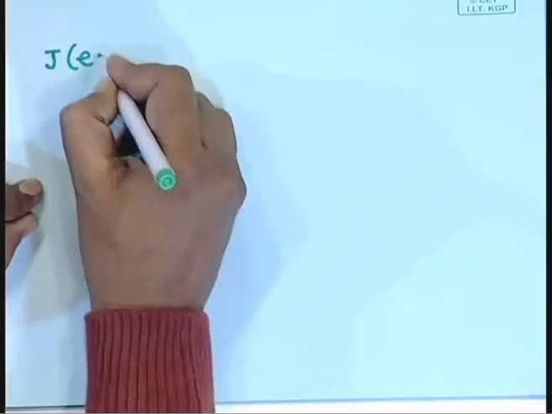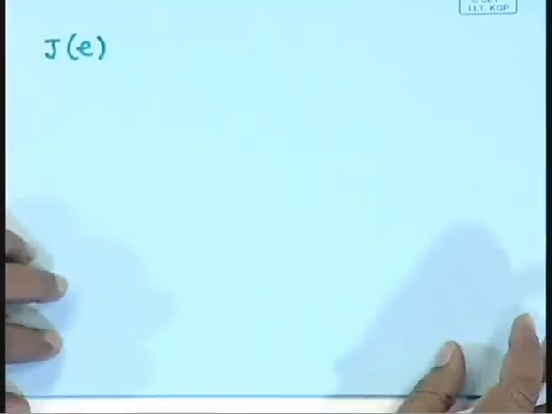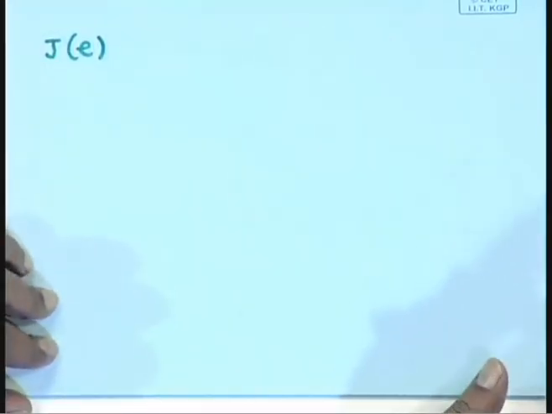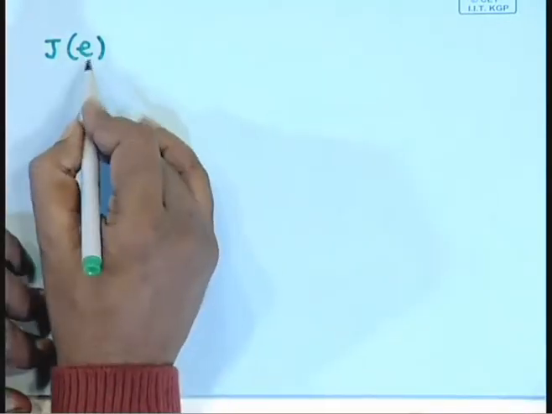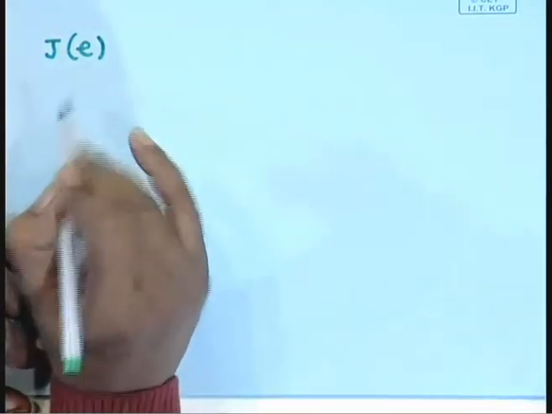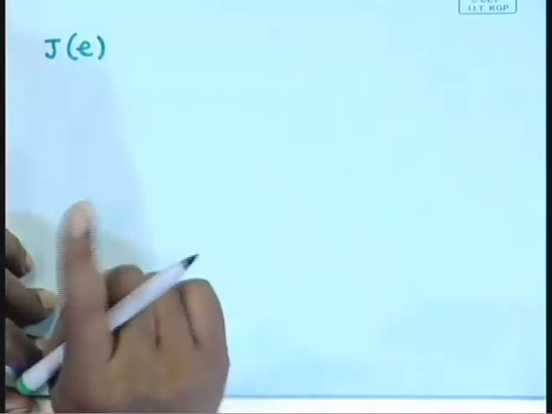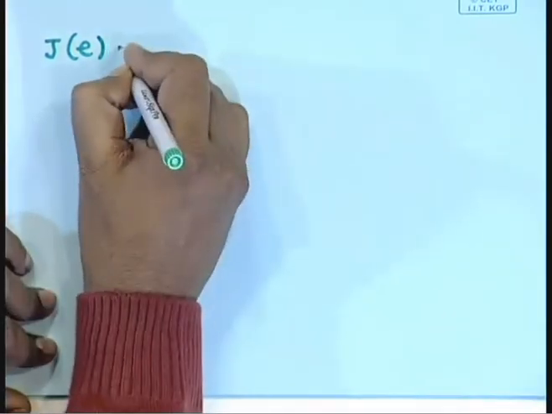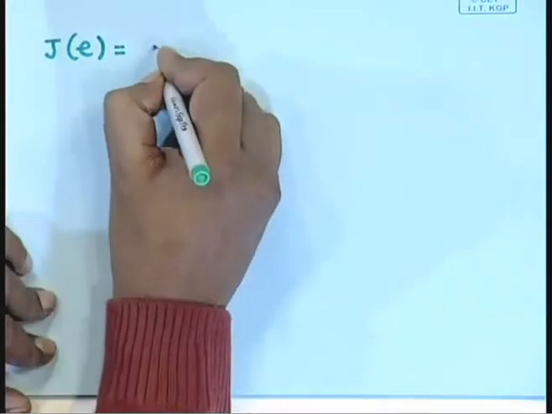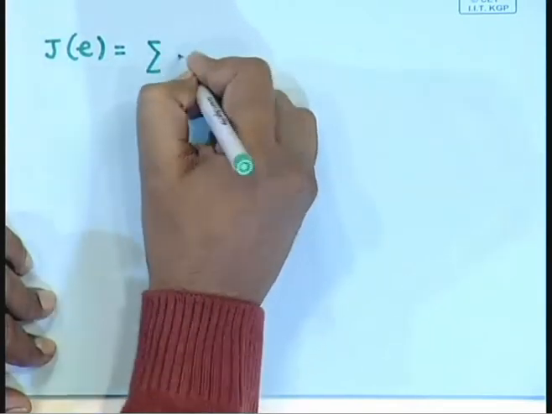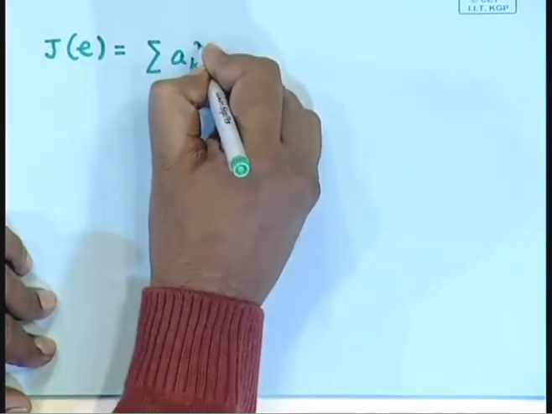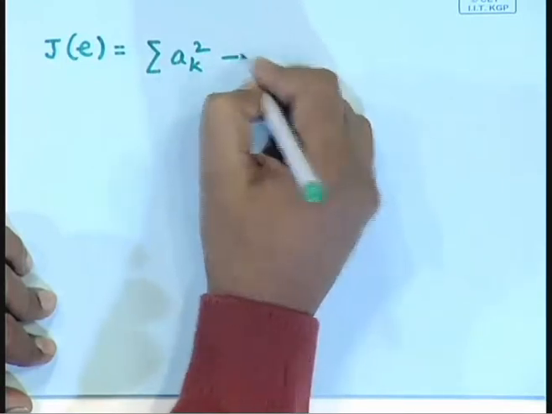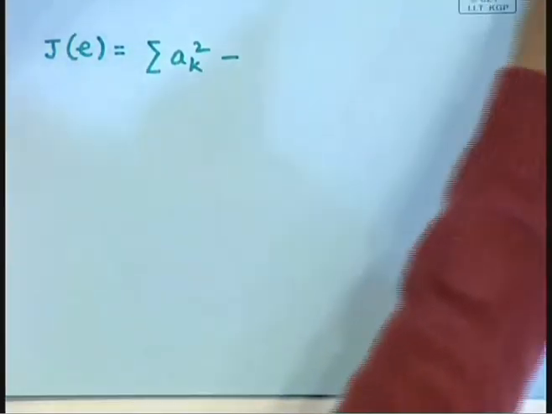So, I write this J, the criterion function, as a function of E. You remember, this E is not error, I am not saying this as error. Okay. This is the unit vector in the direction of the line. Okay. So, J of E is equal to summation of a k square, okay, minus, what did I have? What is that expression?